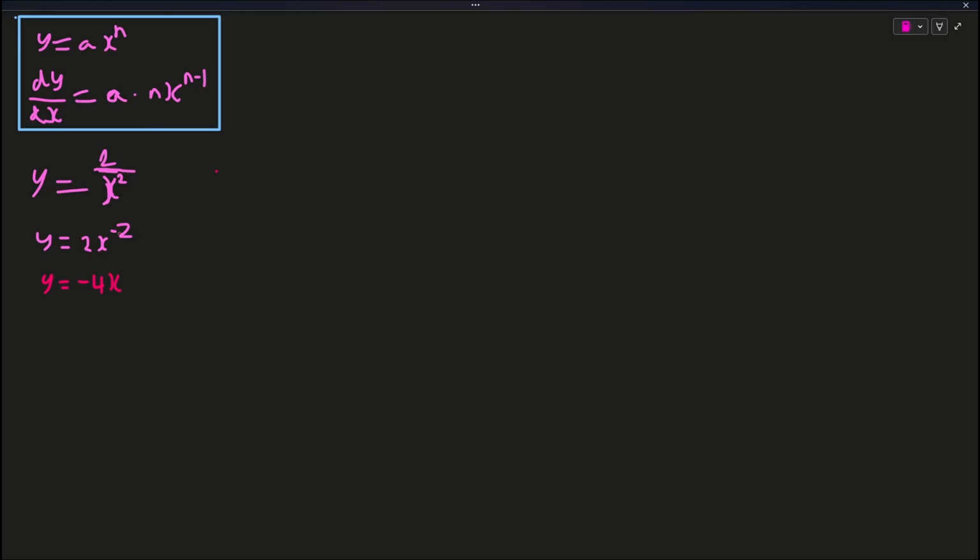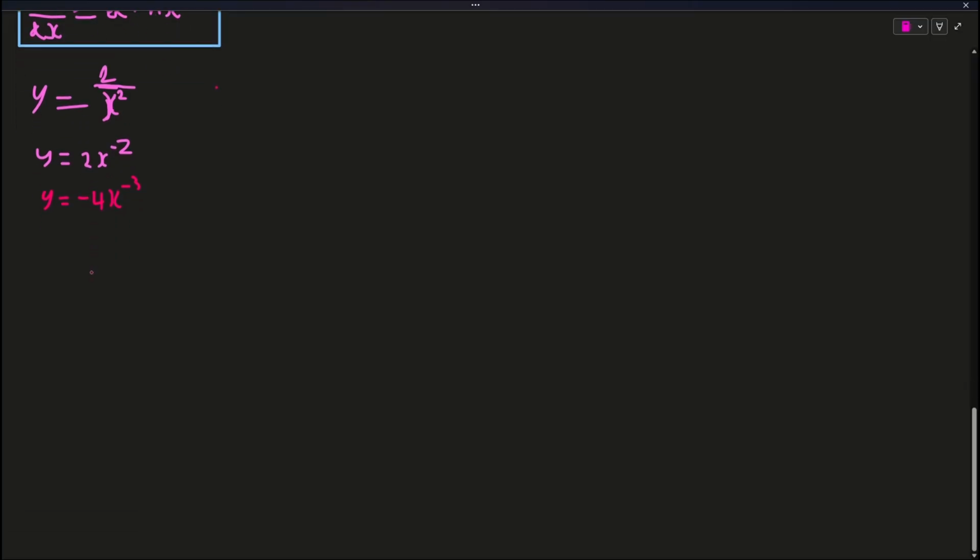So n is minus 2. So minus 2 minus 1 is minus 3. So minus 4x to the minus 3, which is the same as saying minus 4 over x to the power of 3. It would be equivalent, right? So that's how you answer a question like that.